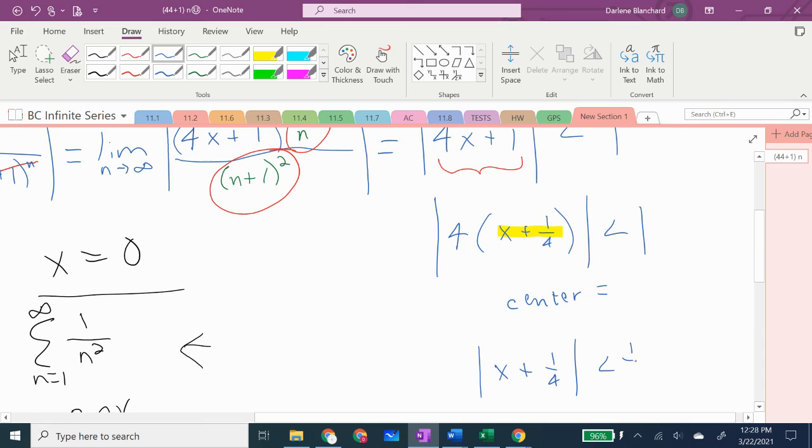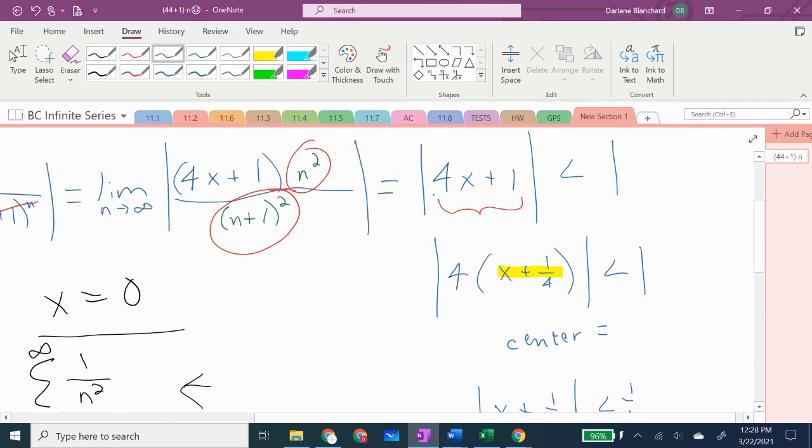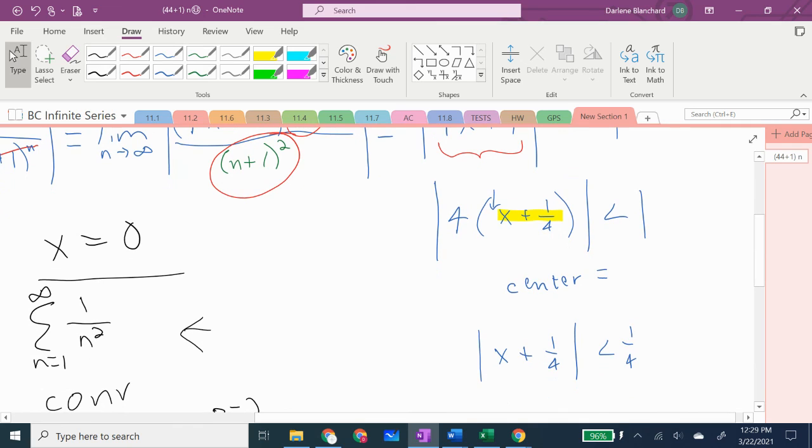If you take what is in the absolute values and force this to become just a 1 times x in front, so I had to factor a 4 out and then divide by 4. It's positive, so it doesn't change the inequality.